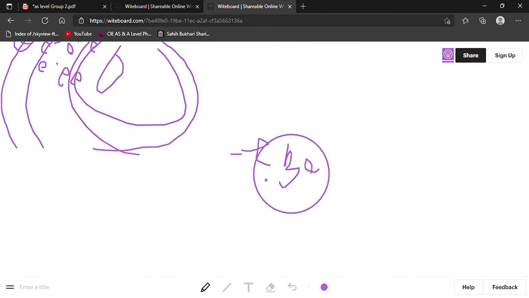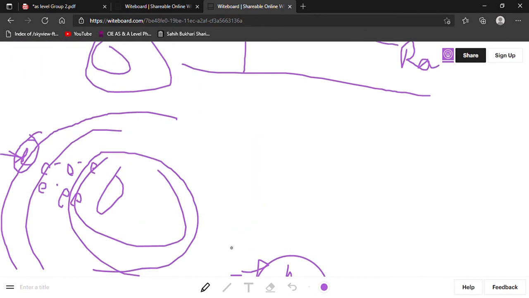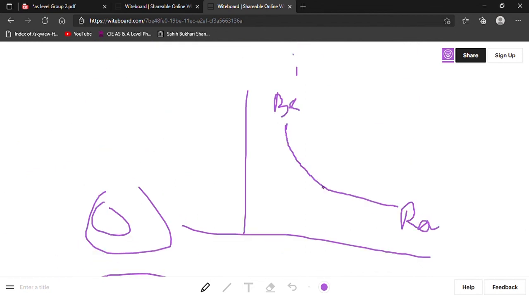Knocking off this electron was harder because it was very close to the nucleus and the nuclear charge was strong. But in radium, the electron is far away and knocking off this electron is much easier. So the ionization energy, the energy used for knocking off the last electron, decreases rapidly.